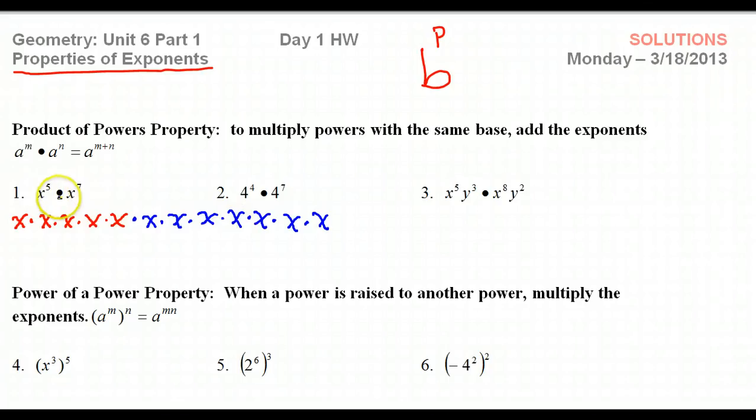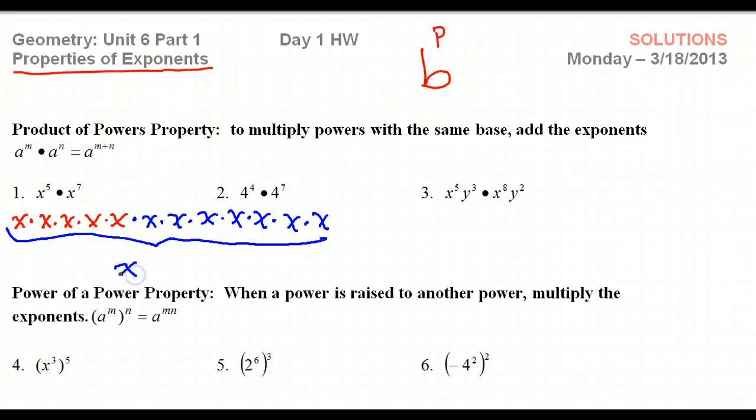So x to the 5th power times x to the 7th power, if you put that together, that really means 5 x's all multiplied together times 7 x's all multiplied together. So obviously, if I gave you all this and told you to write that in a simpler way, you would look at all these x's being multiplied together, count them all up, and find there are 5 and 7, there are 12 of them.